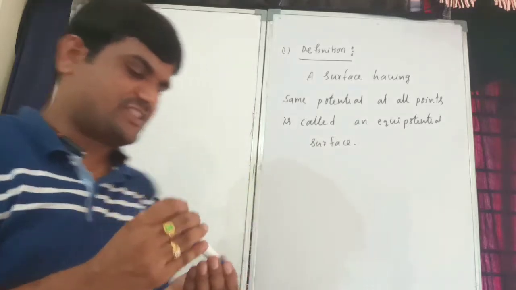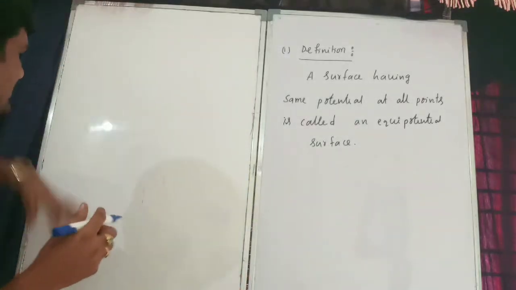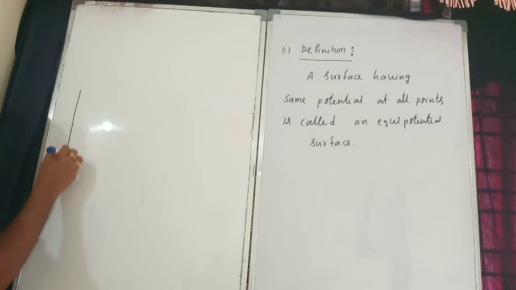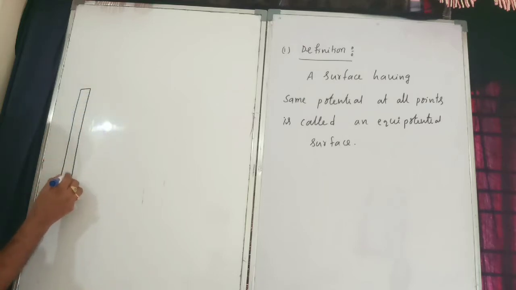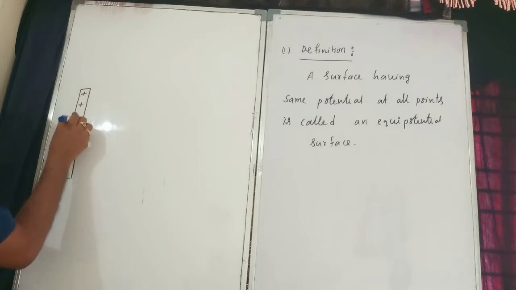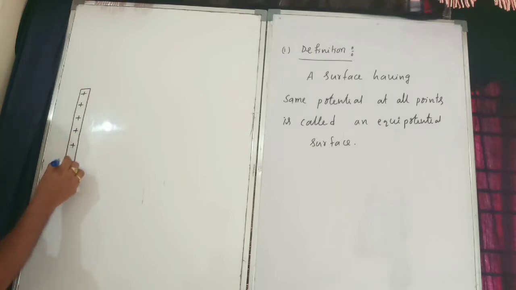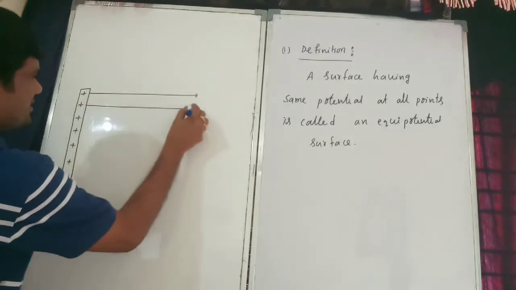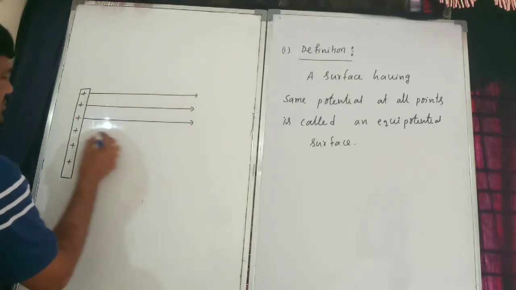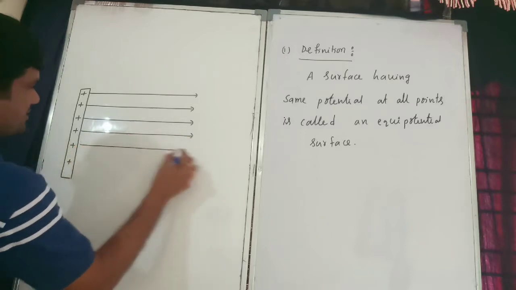For example, here I will consider a positively charged body. A positively charged body releases electric field lines.